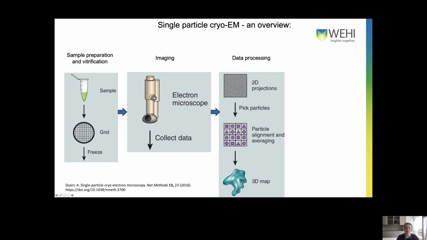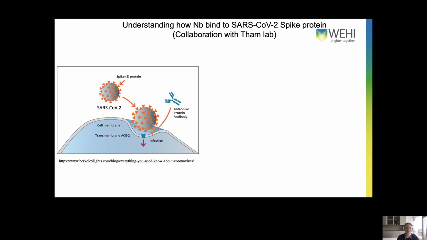First we get the 2D projections, pick particles, align them, and ultimately get to the 3D map. This is the outcome of this single particle cryo experiment. And then we use this 3D map to build our model, and to analyze the data and the structure.